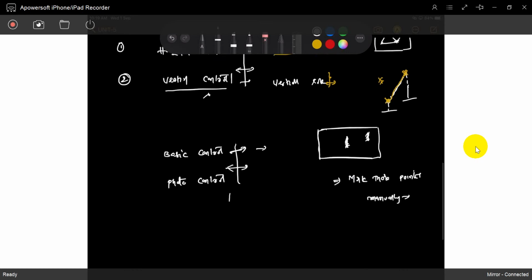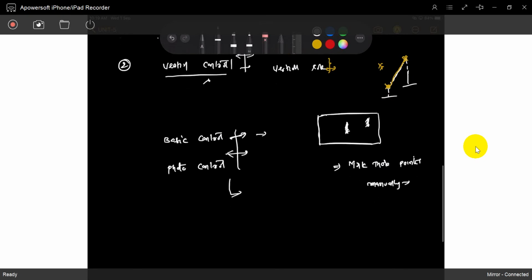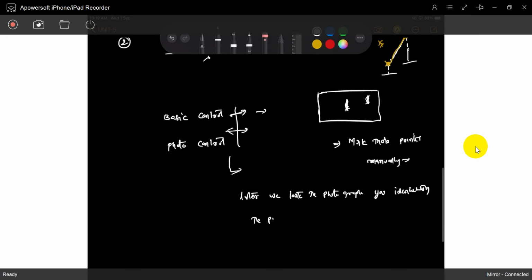So what is the photo control? In photo control, you don't need to mark those points. Once you took the photograph, you identify the points which are feasible.